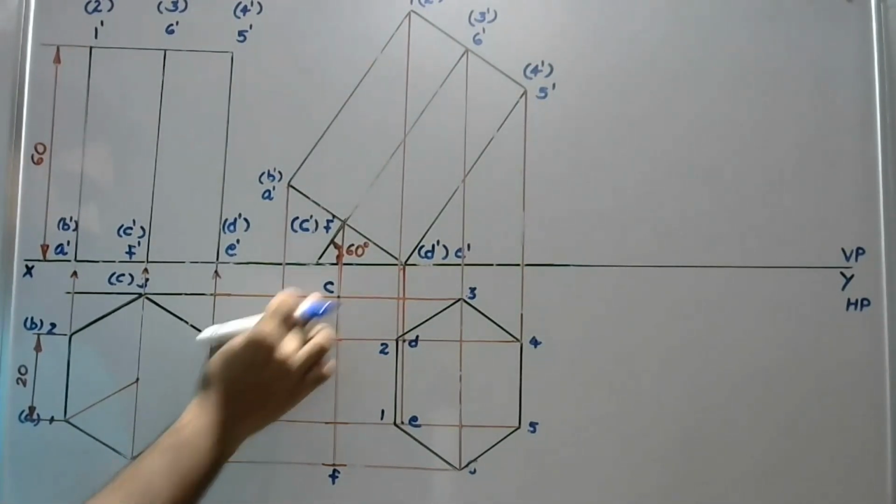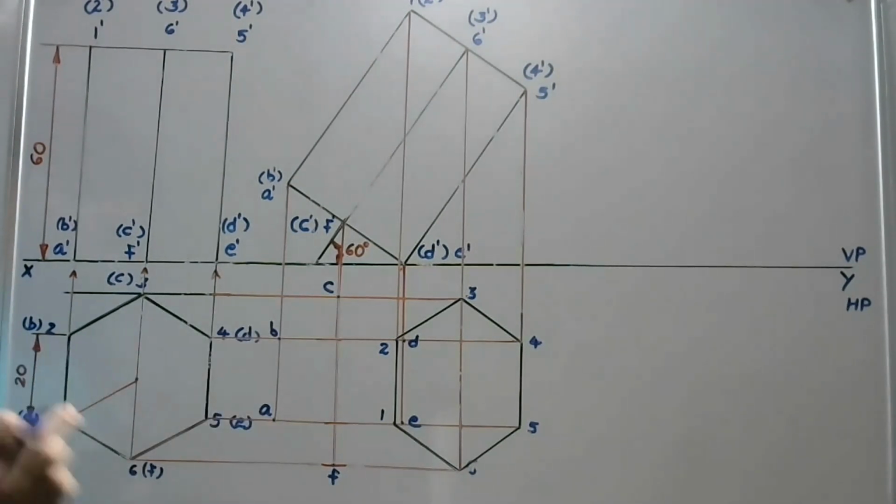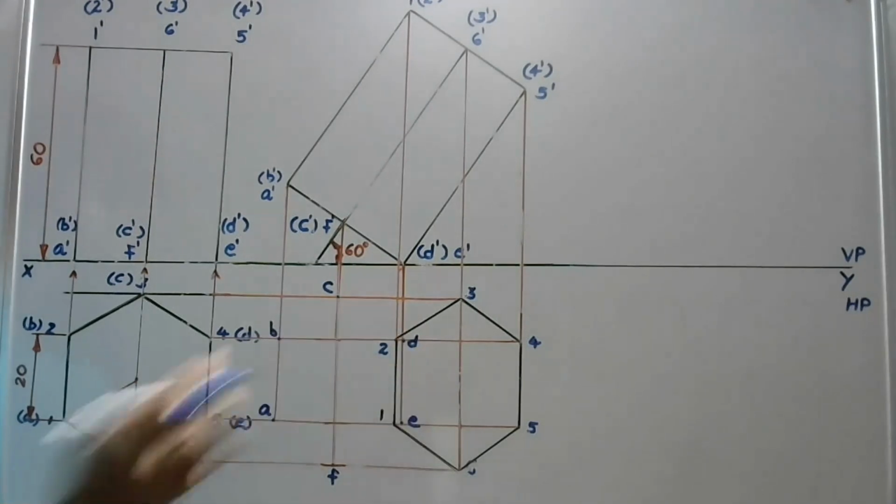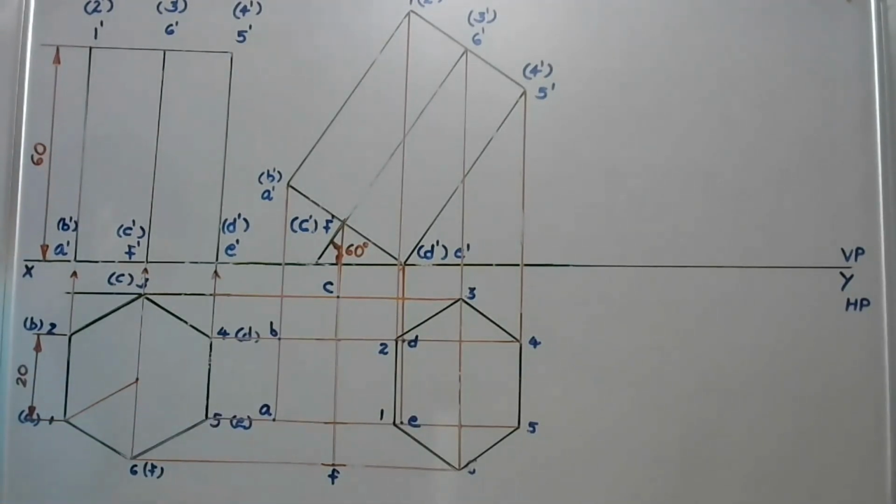Then BC and AF also visible. FE, DE and CD are invisible edges. So invisible edges should be represented 2:1 hidden lines. So complete the hexagonal base and lateral surface based on the given instructions.